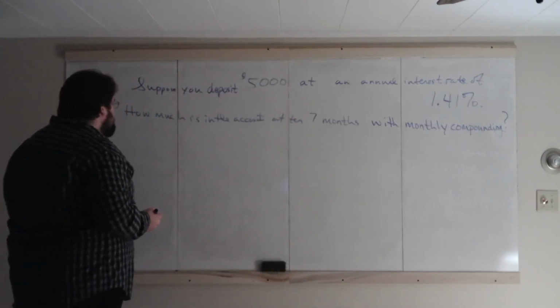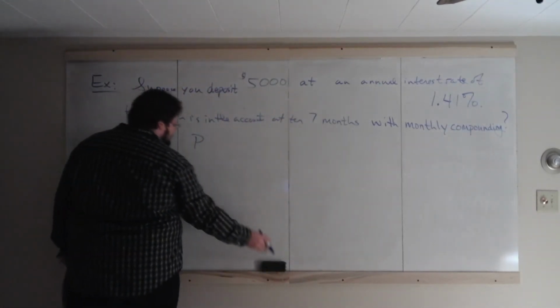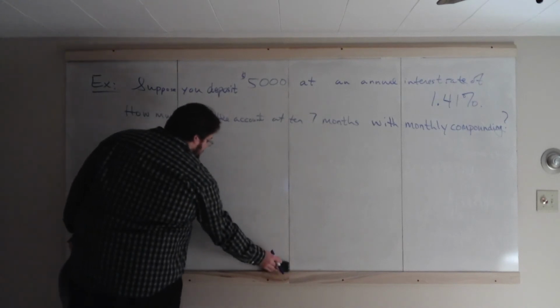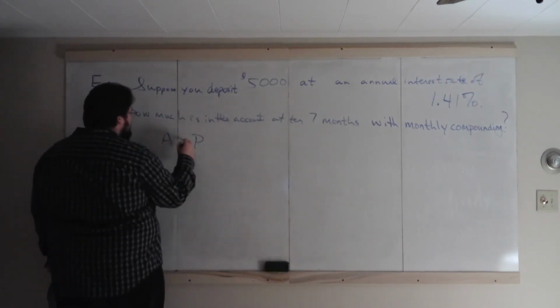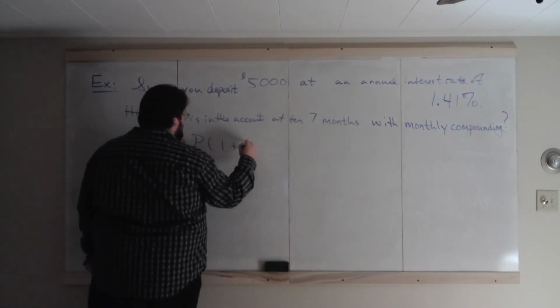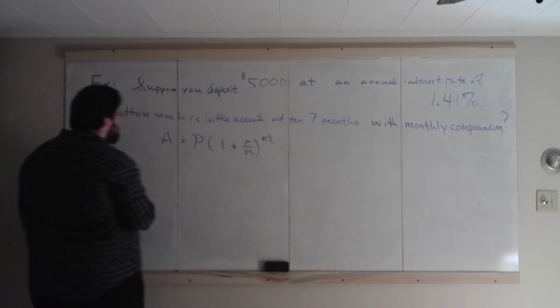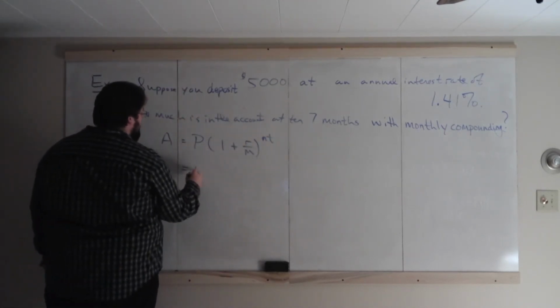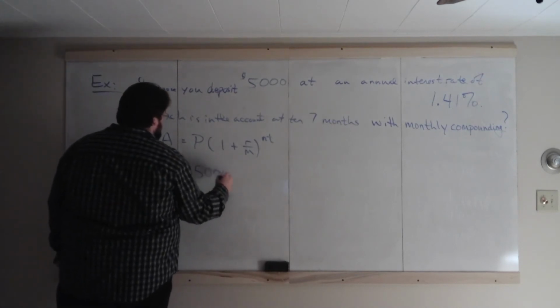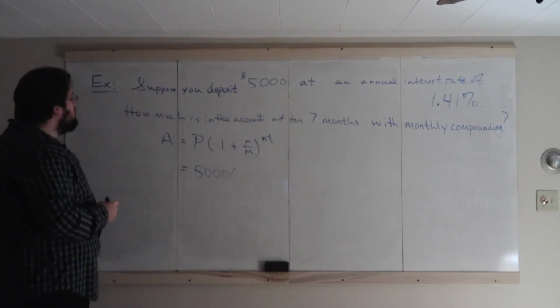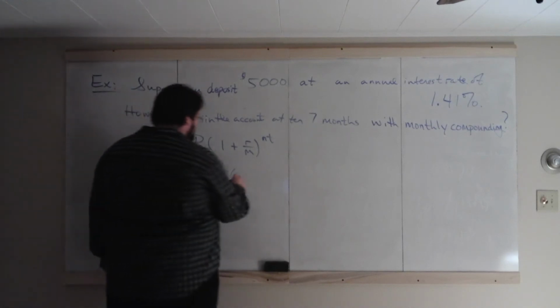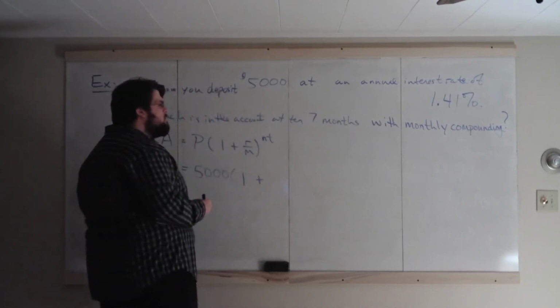Well, we're going to follow the same formula. What was it? It was A equals P times (1 plus R over M) to the MT. We start with $5,000 times 1 plus the rate, 1.41%.